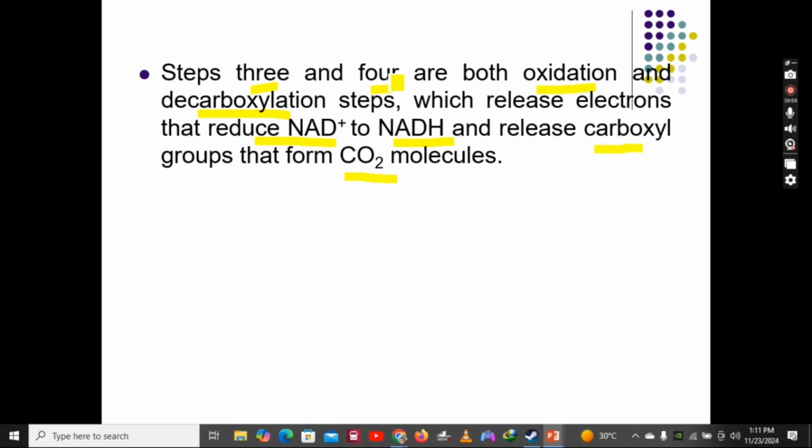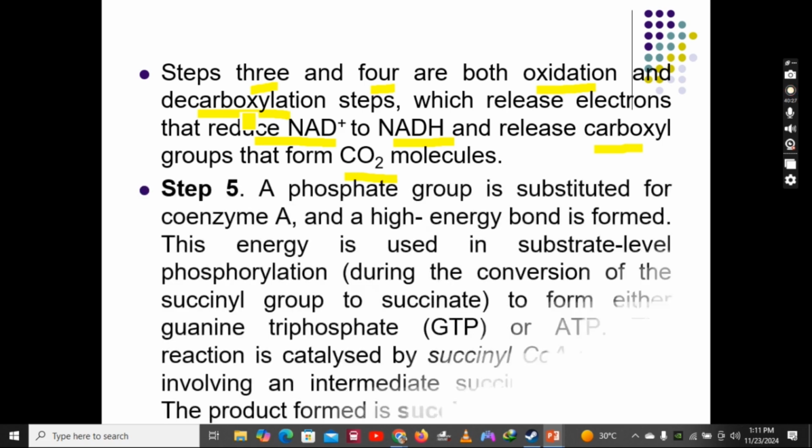Those electrons released at stage 3 and 4 reduce NAD to NADH, and carbon dioxide is produced because of the decarboxylation, the removal of one carbon atom from the molecule that we have. Okay, that's what happens here.